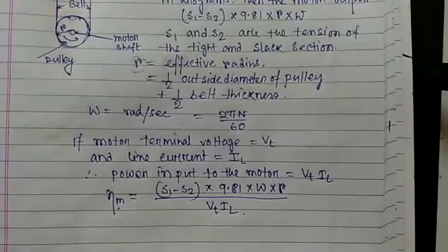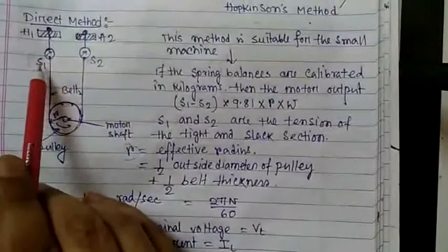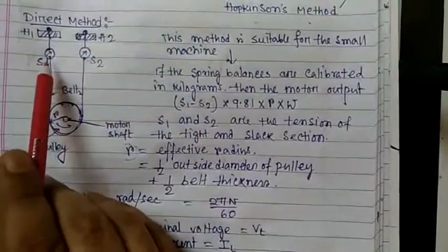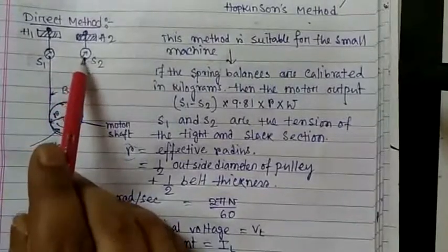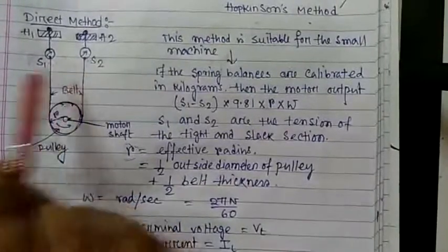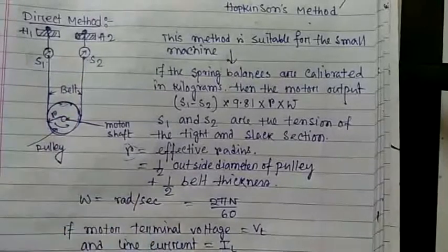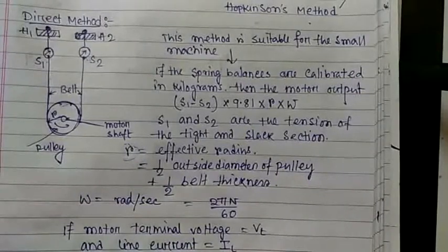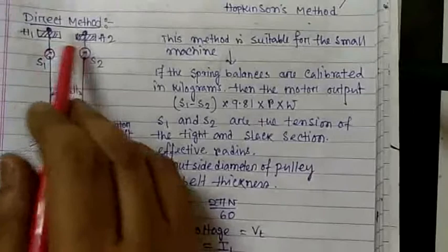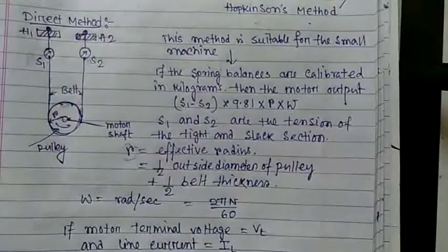The main disadvantage of this method is that the spring balance readings are not steady. Another disadvantage is that the friction torque at a particular setting of hand wheels H1 and H2 does not remain constant.